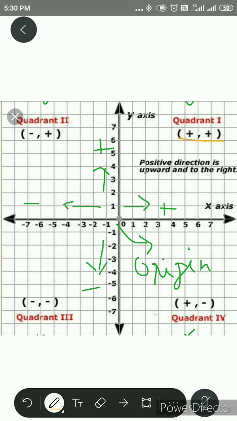In the second quadrant, the value of x is negative while the value of y is positive. In the third quadrant, x and y both give negative values. And in the fourth quadrant, the value of x is positive while the value of y is negative.